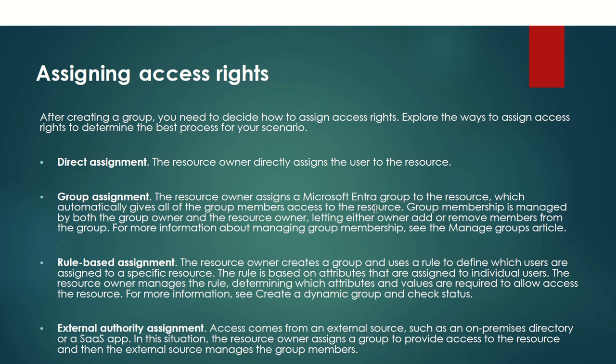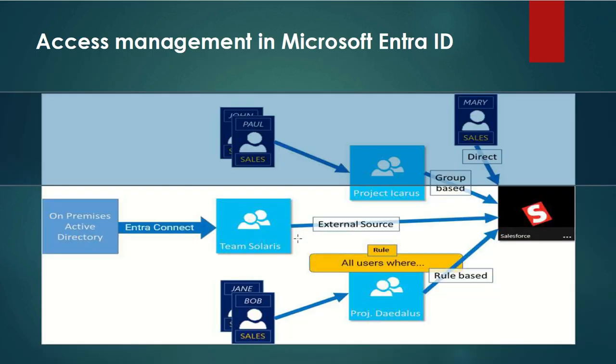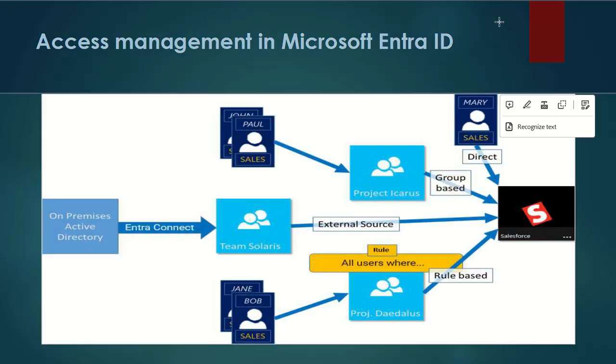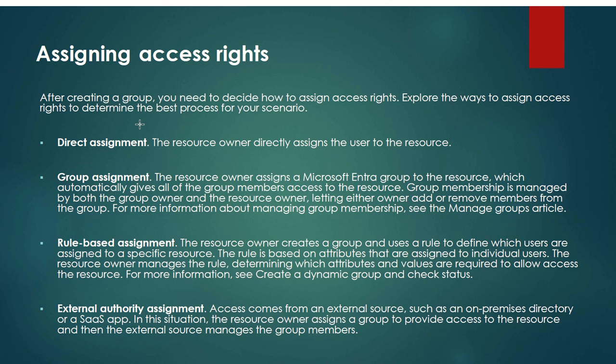So assigning access rights, that's how it basically works. After creating a group you need to decide how to assign access rights. These are the ways to assign rights, to determine the best practices for our scenario, which I already explained. With direct assignment, the resource owner directly assigns the user to the resource.